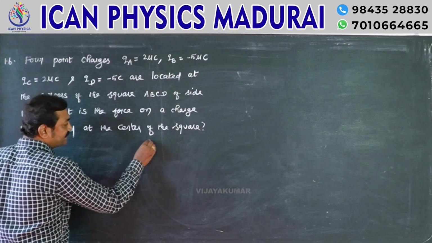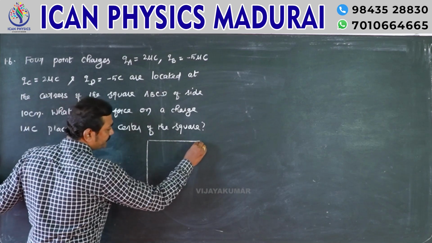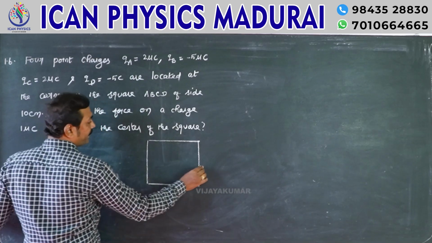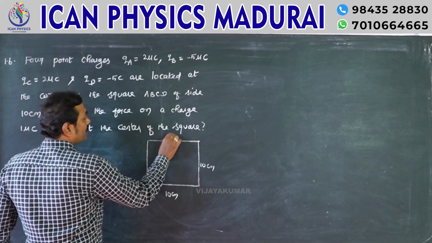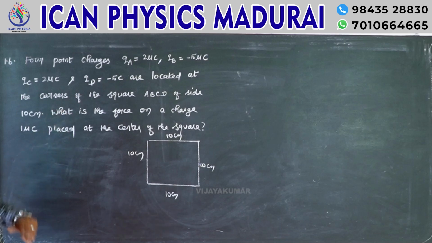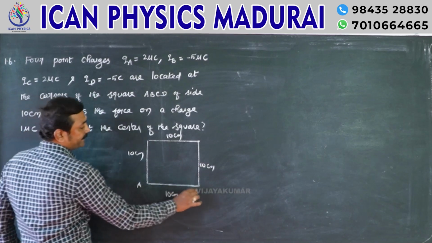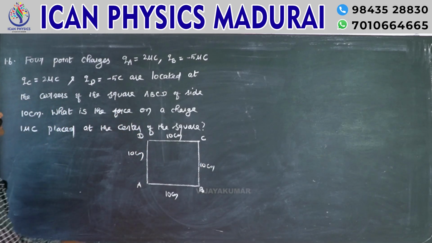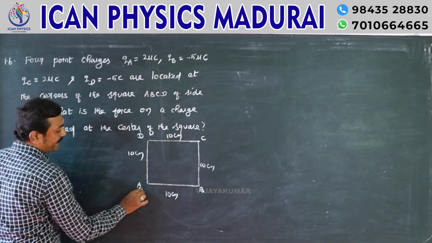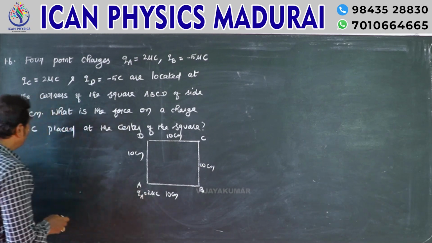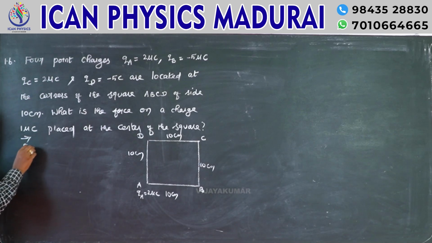So let us consider a square of side 10 centimeter, with corners taken as A, B, C and D. A charge of QA, here QA equal to 2 microcoulomb.